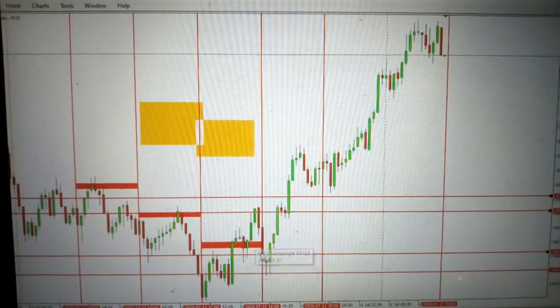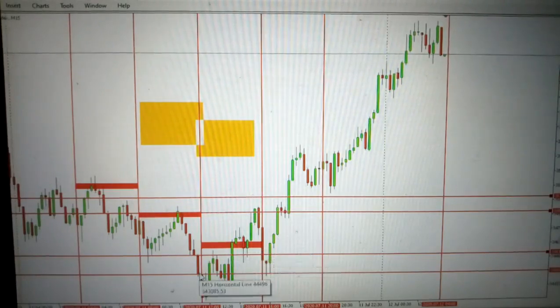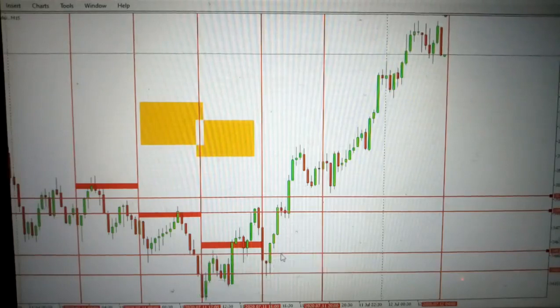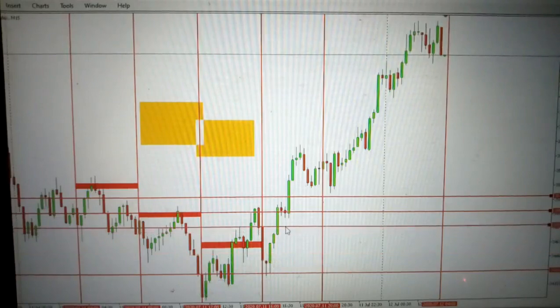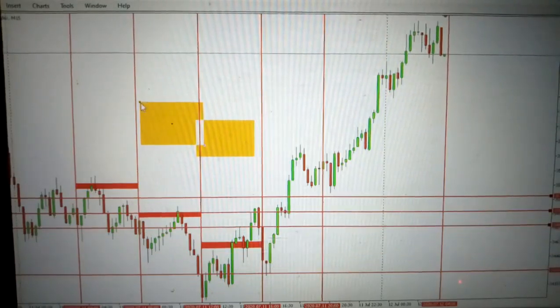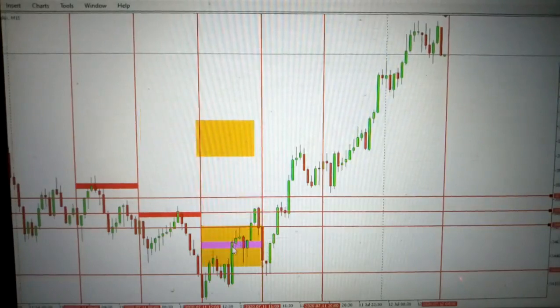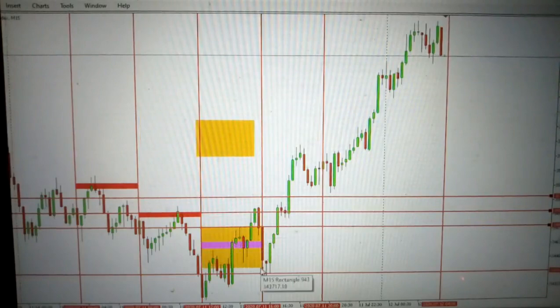Now for me to continue, I've already mapped out the closing price here. So the next closing point is around here. I'm talking about this place. I'm going to use the rectangular shape to identify what I'm talking about.